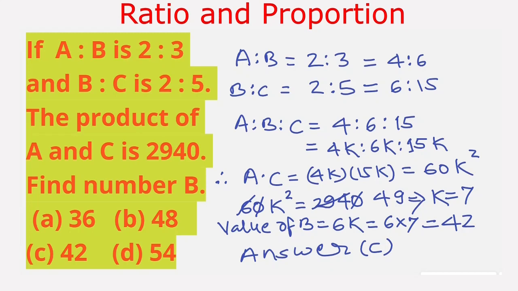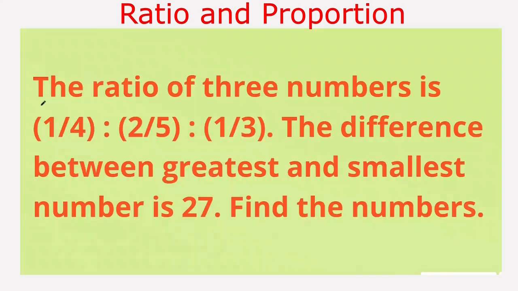We go to the next question. Our question is the ratio of three numbers is 1 upon 4 ratio 2 upon 5 ratio 1 upon 3. The difference between greatest and smallest number is 27. Find the numbers.